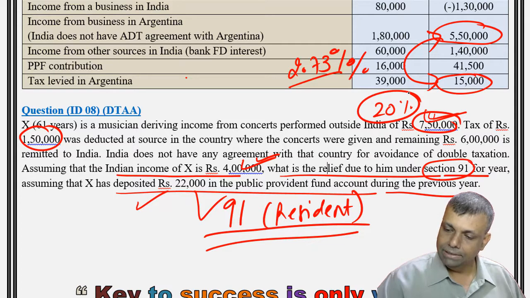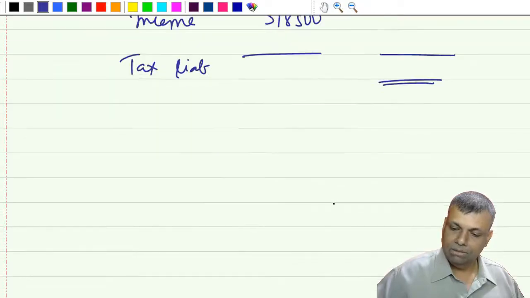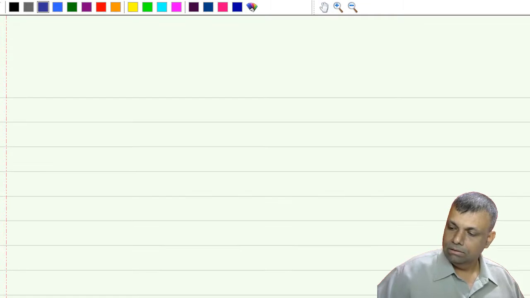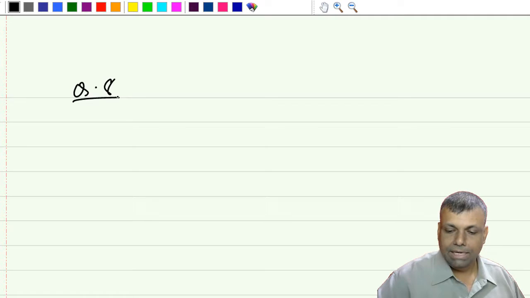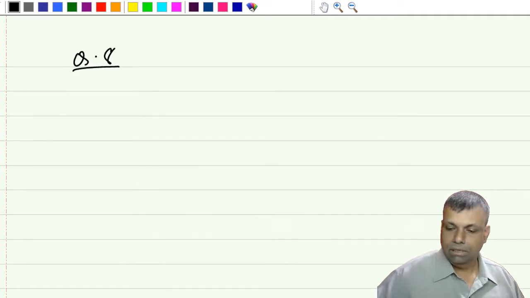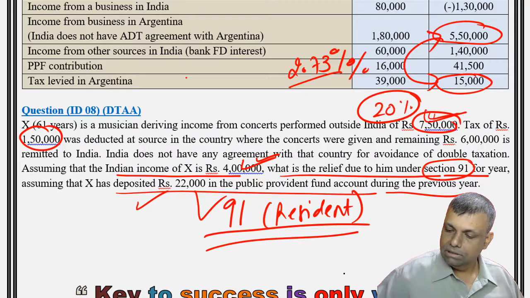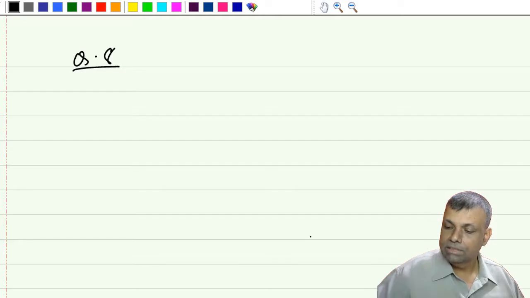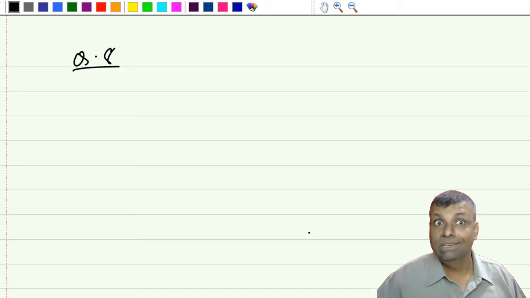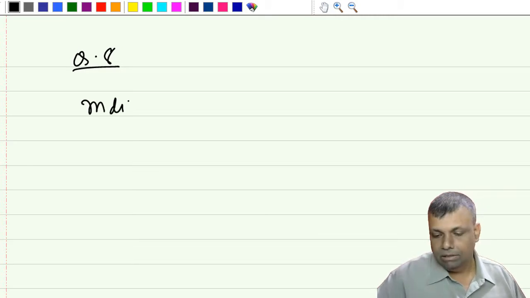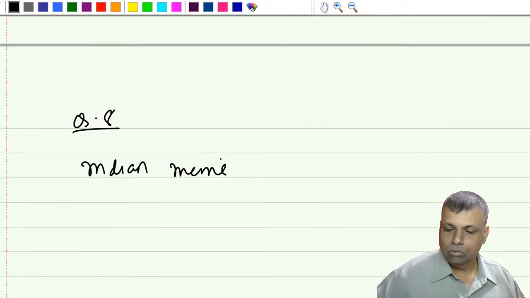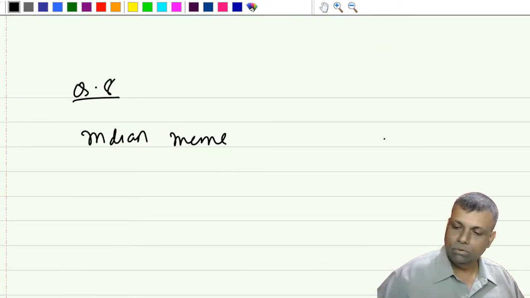This question is pretty simple, so we don't need to spend a lot of time here. The age is 61 years, senior citizen, so be careful with that basic assumption. Indian income is 4 lakhs.